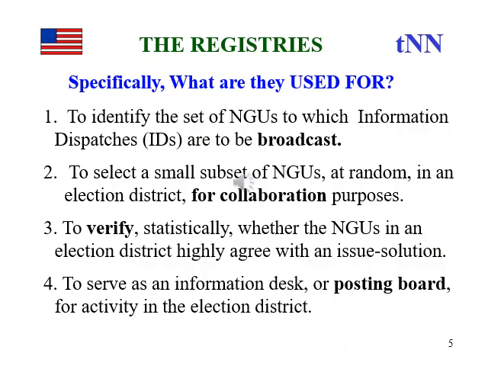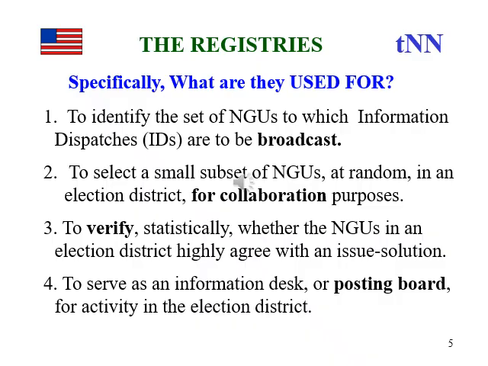Specifically, what are they used for? 1. To identify the set of NGUs to which information dispatches, IDs, are to be broadcast. 2. To select a small subset of NGUs at random in an election district for collaboration purposes. 3.